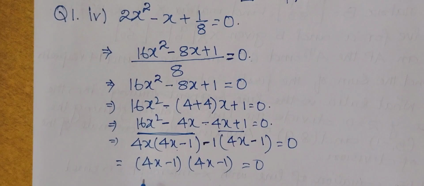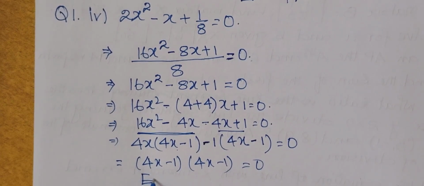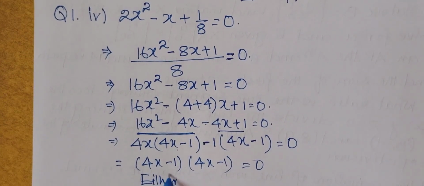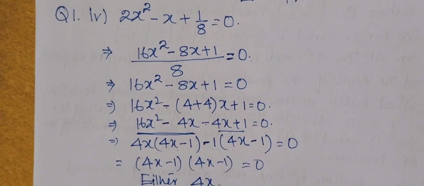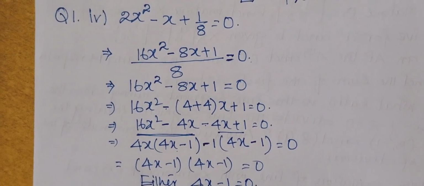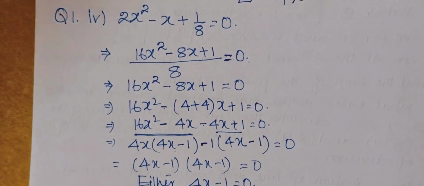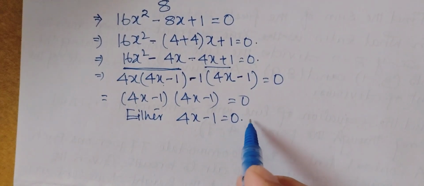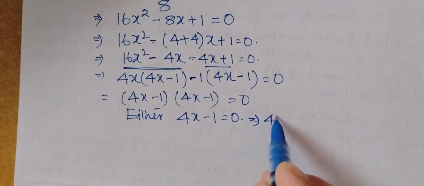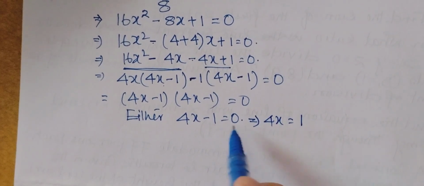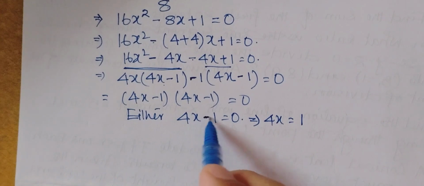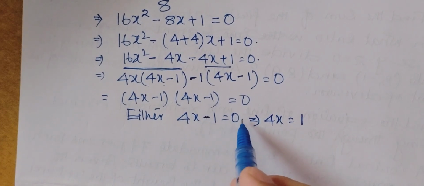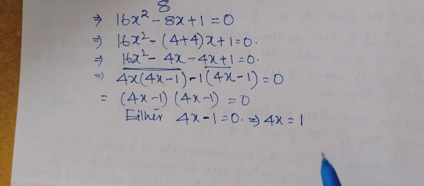Okay, so we know that either 4x minus 1 equal to 0, so we have to find out the value of x, or 4x equal to 1. This is a negative sign. When it goes to the right hand side, the sign will change, as you know.